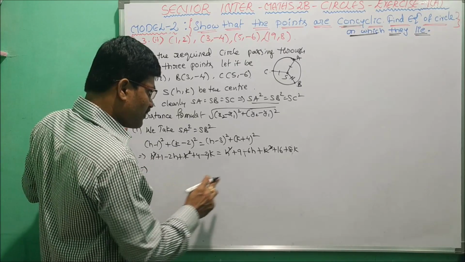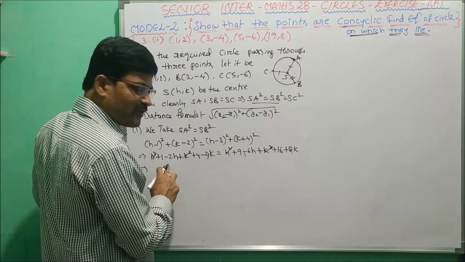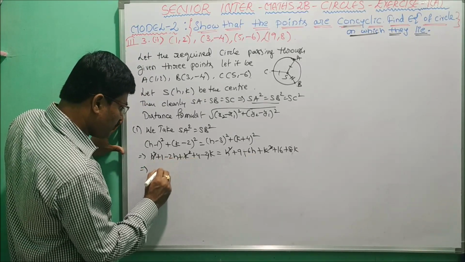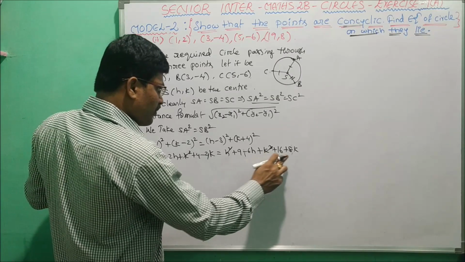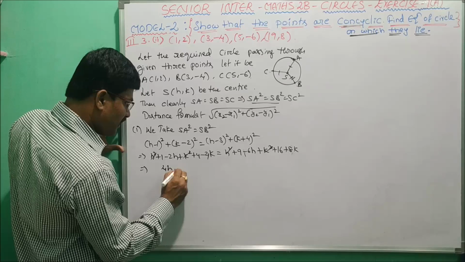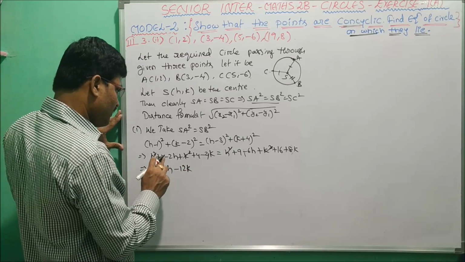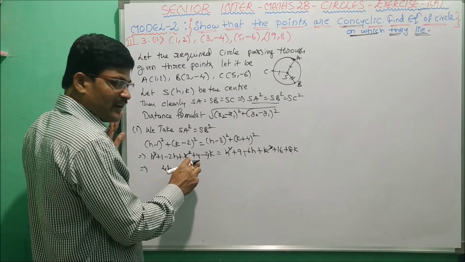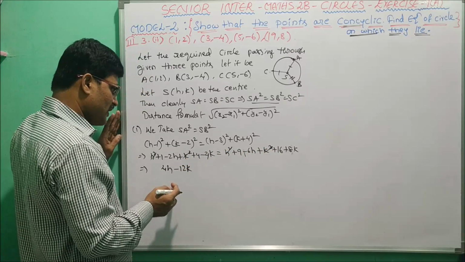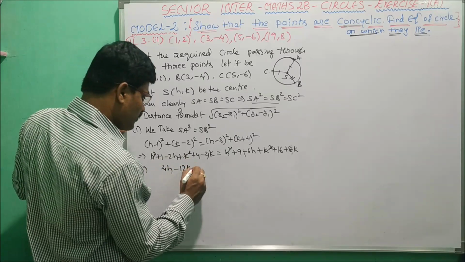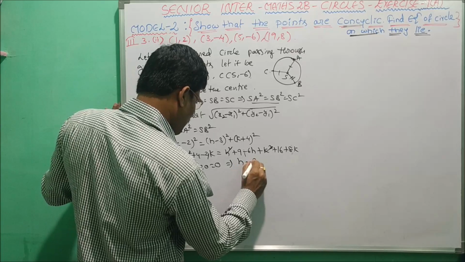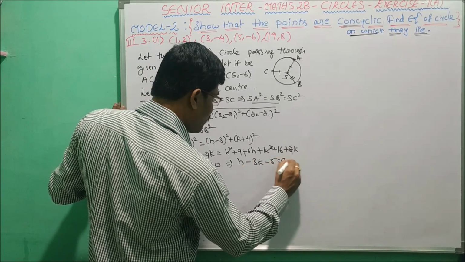The remaining terms, this is minus 6h, this is minus 2h. So we take minus 6h to the left side. So 6h minus 2h, that is 4h. This is 8k, this is minus 4k. We take 8k to the left side, minus 12k. Constants: on the LHS 5, on the RHS 9 plus 16, 25. So we take left side minus 25 plus 5. So minus 20 equals 0. Now divide by 4. This is h minus 3k minus 5 equals 0, which is equation 1.